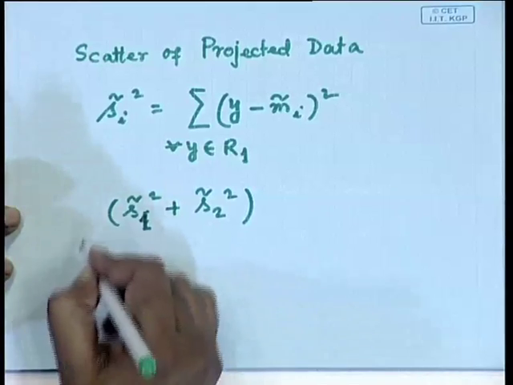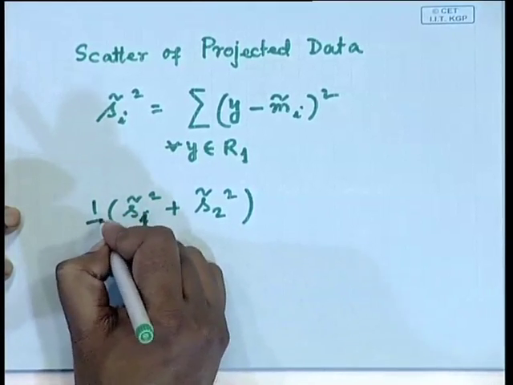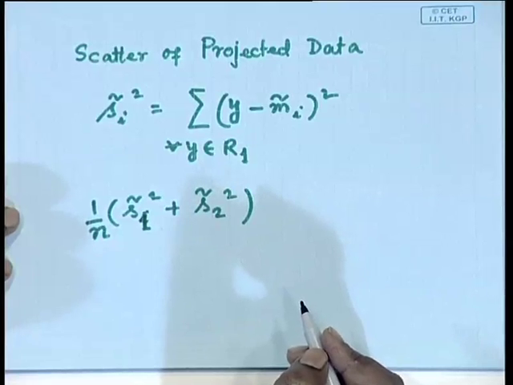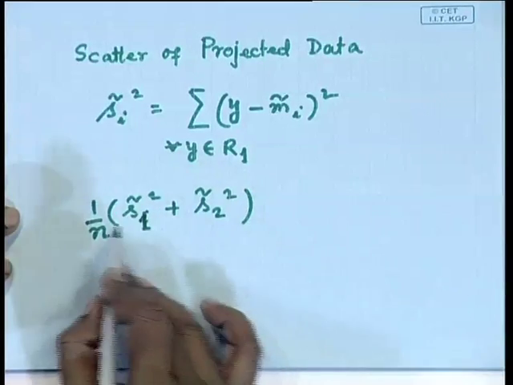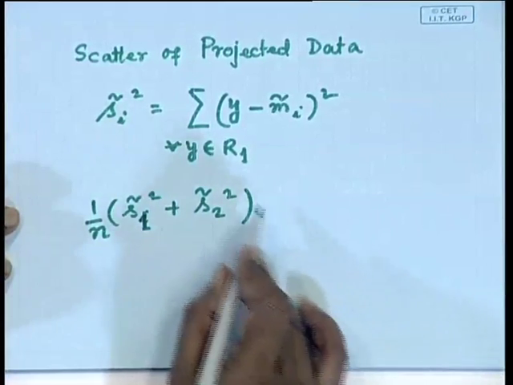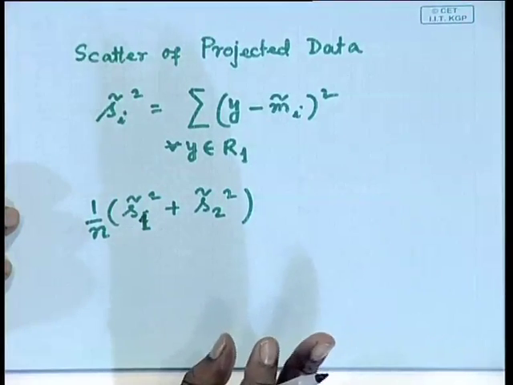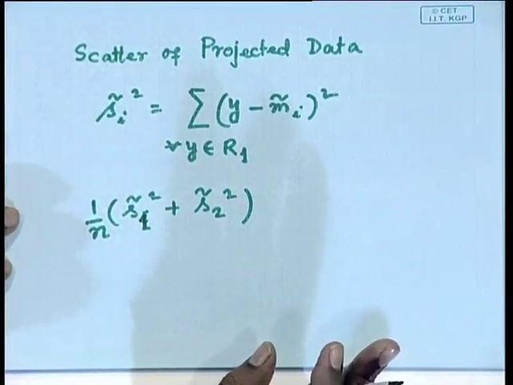Okay. Let us normalize this by the number of samples that I have, which is equal to n. Okay. So, this tells you the total within class scatter of the projected samples, right. And as I said that I want the separation between the two classes or the distance between two means should be relative to this total scatter, right.